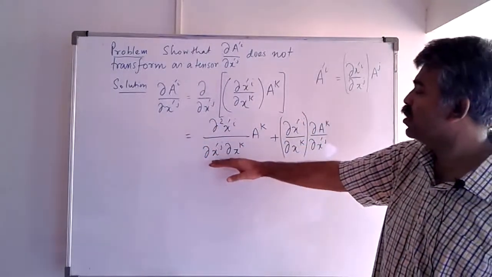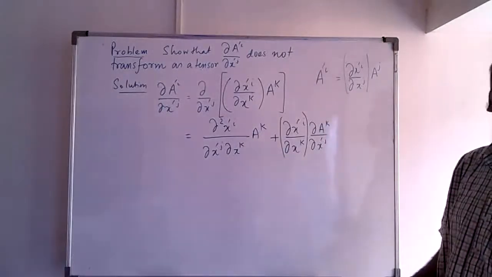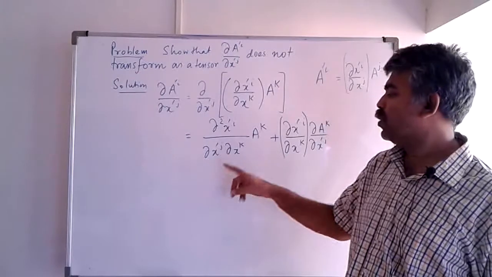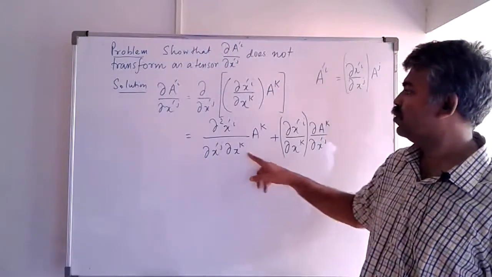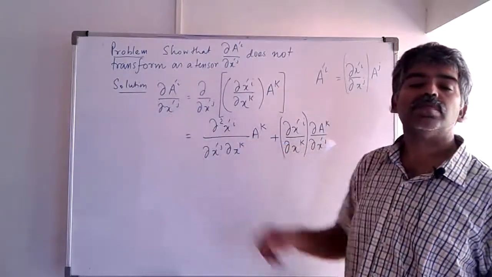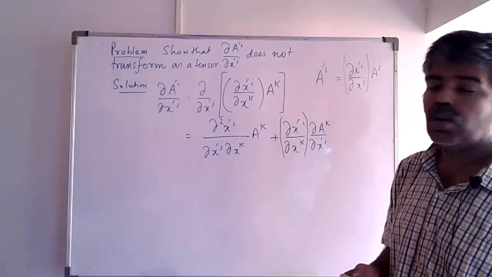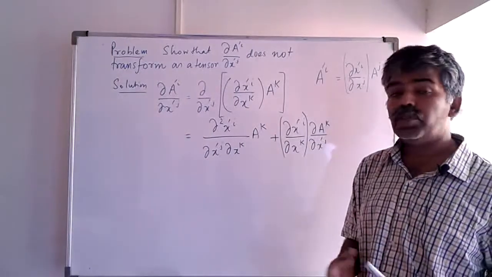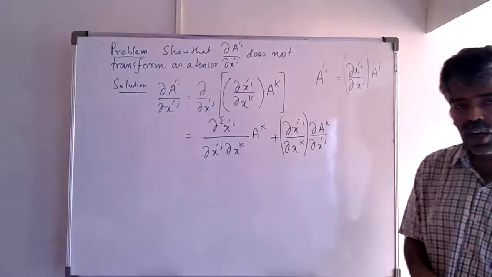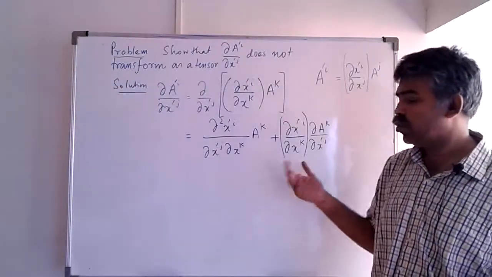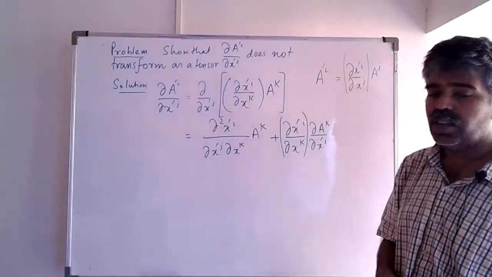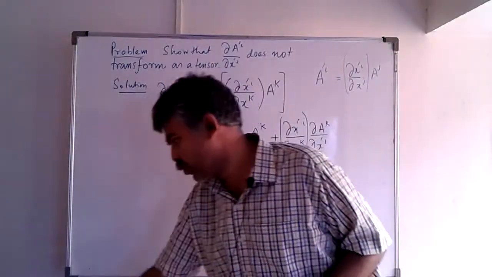But this part disturbs the structure. So due to the presence of this part, this thing does not transform as a tensor. So the ordinary derivative does not transform as a tensor. If you go to GR, you will see that the covariant derivative transforms as a tensor, but this is the ordinary derivative. This doesn't transform as a tensor. Okay.